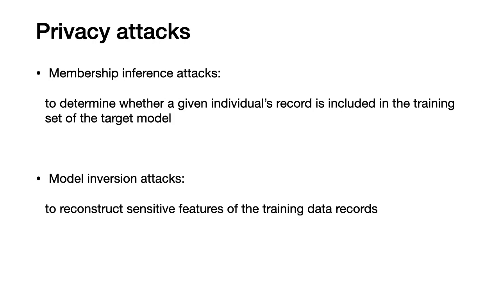Another is model inversion attacks, which reconstruct sensitive features of the training data records. Privacy attacks have been shown possible in many cases, which actually motivated the development of differentially private deep learning.